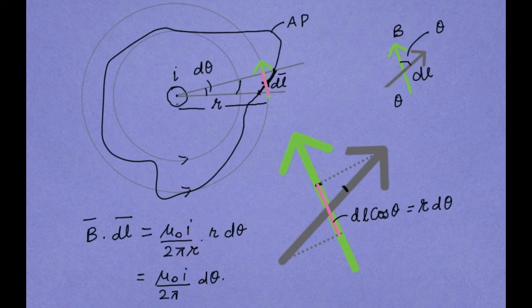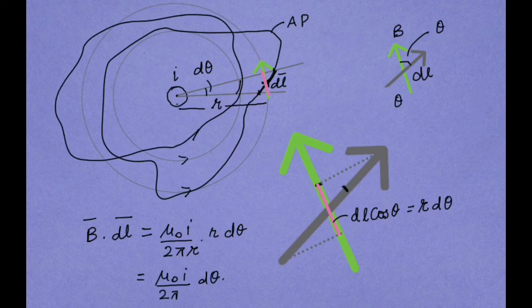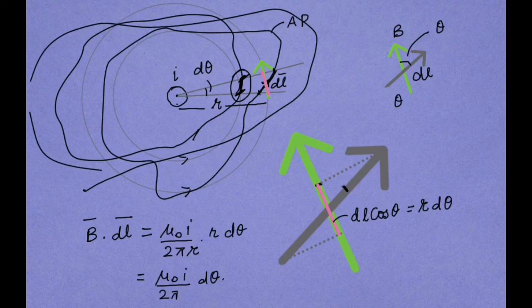And what it means is this, that any part, if you imagine any other Amperian path, suppose we take some other Amperian path like this. So even for this dl, we'll have the same B dot dl. If we have some other Amperian path, so between these two lines, B dot dl for this element will also be the same quantity, mu naught I over 2 pi into d theta.